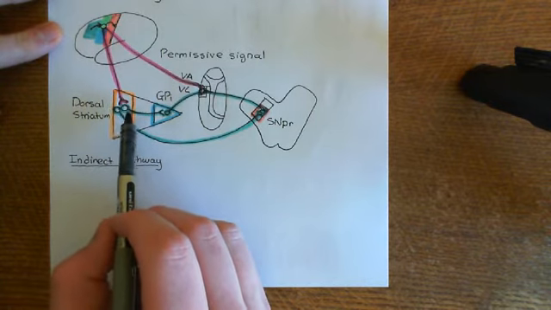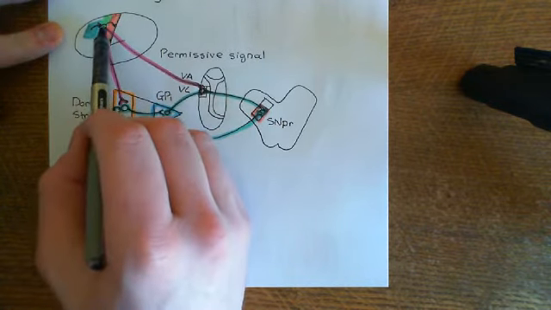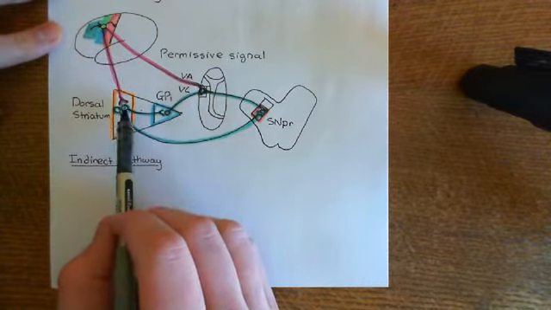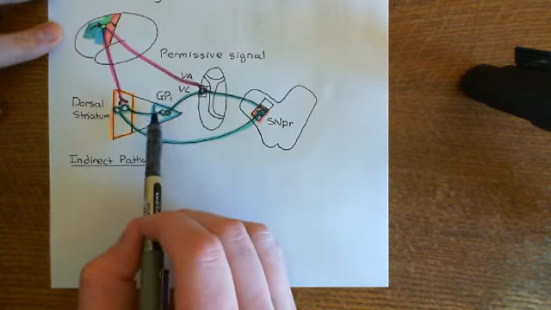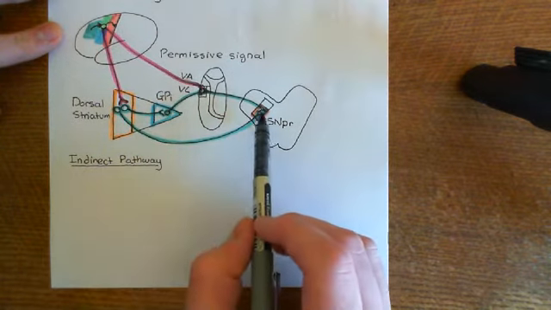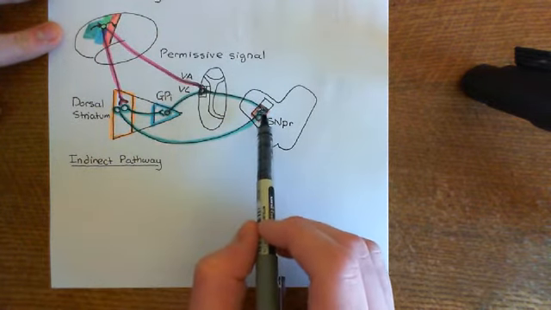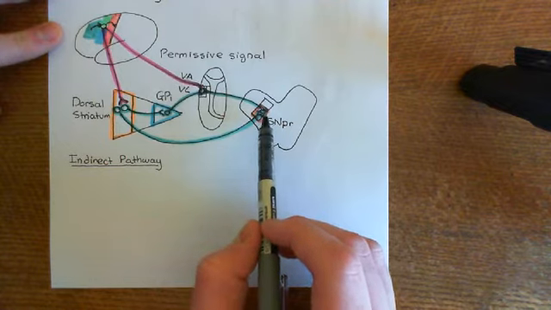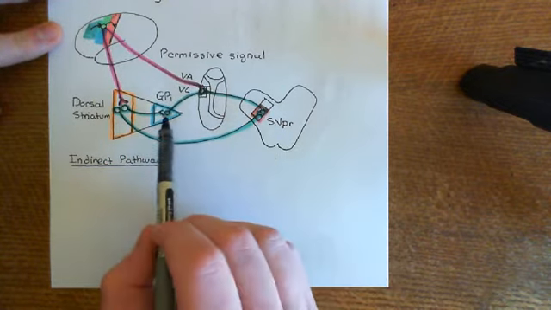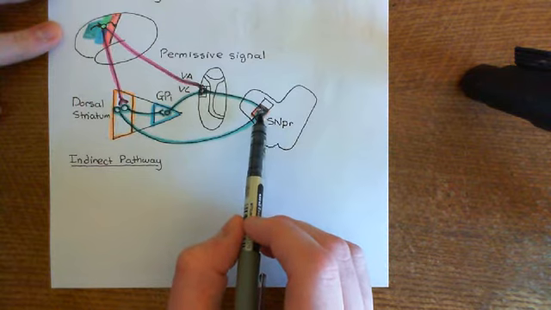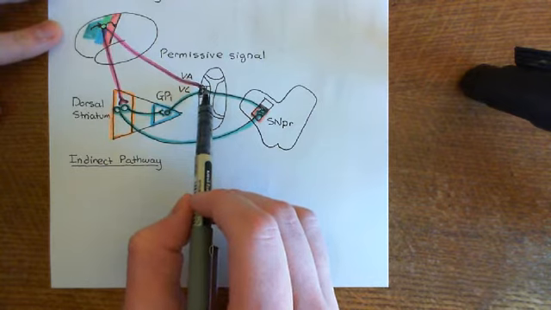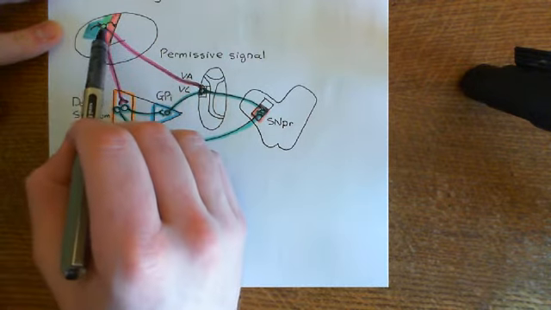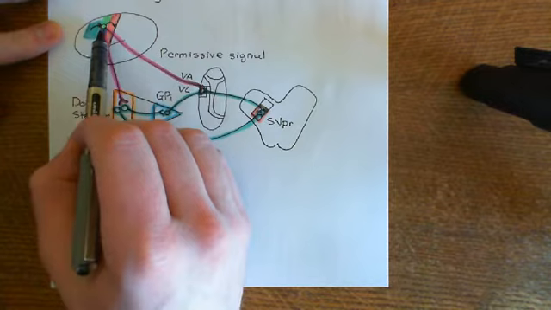That portion of the dorsal striatum, which corresponds to this portion of secondary motor cortex, will then send GABAergic inhibitory inputs into certain areas of the internal globus pallidus and specific areas of the substantia nigra pars reticulata as well. These specific areas of these two nuclei are the areas which inhibit specific portions of the ventro-anterior and ventrolateral thalamic nuclei, which then give permission to this specific portion of secondary motor cortex.